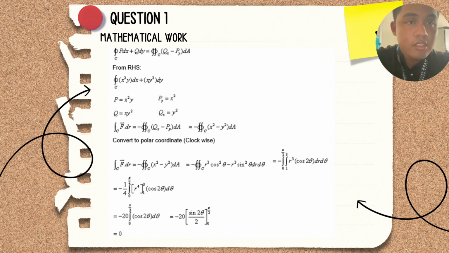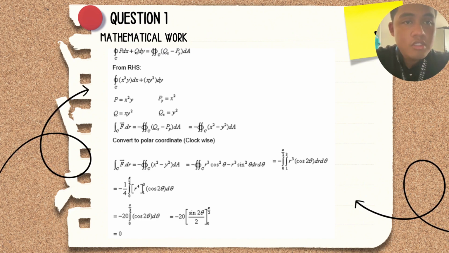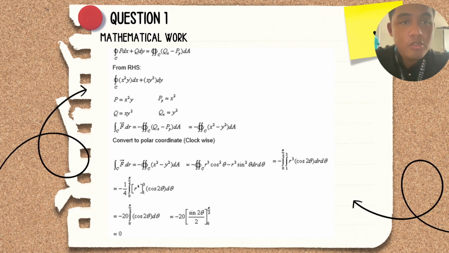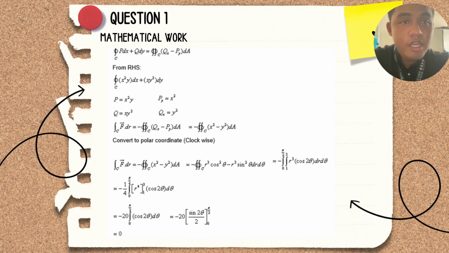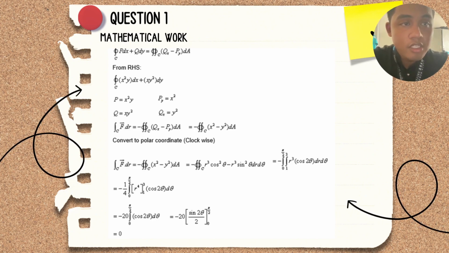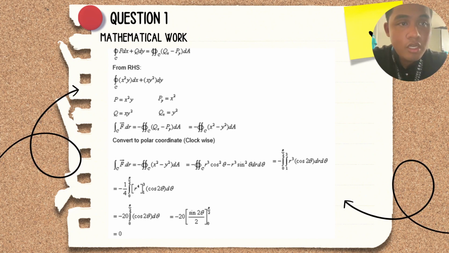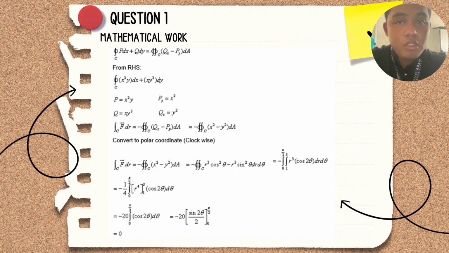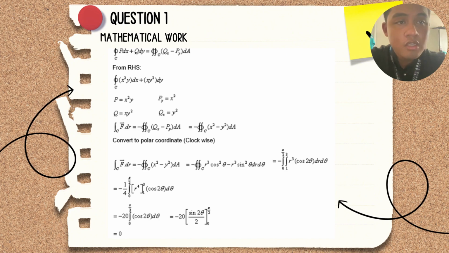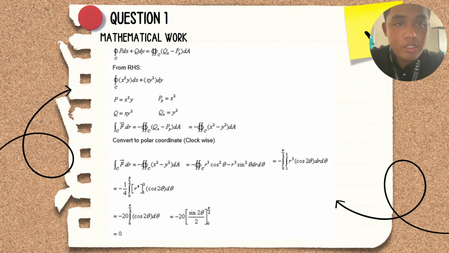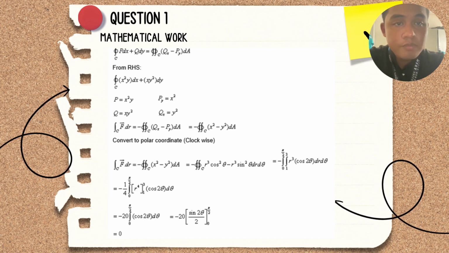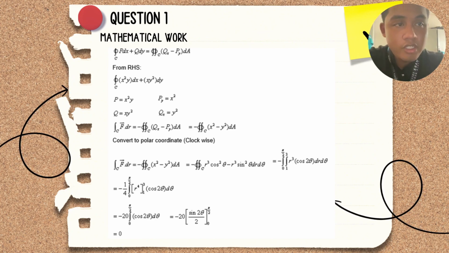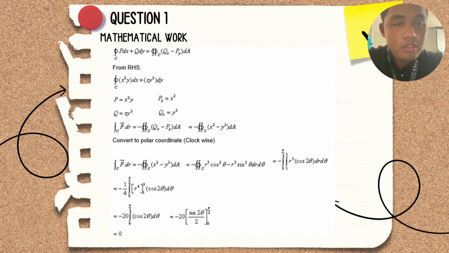Finally we get r cubed cos squared theta minus r cubed sin squared theta dr d theta, and we insert the limits for the integral, which for dr is from 0 to 3, and for theta is from 0 to pi over 2. Okay, then we integrate, and finally we get negative 1 over 4 times the integral of ... sine 2 theta over 2 with limits theta from 0 to pi over 2, and the final answer we get 0.